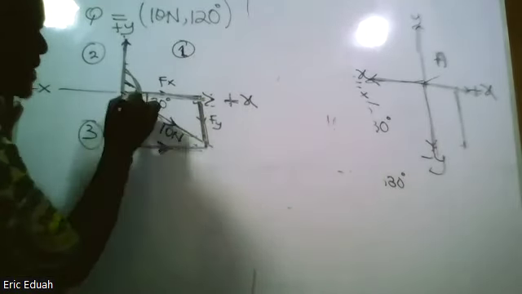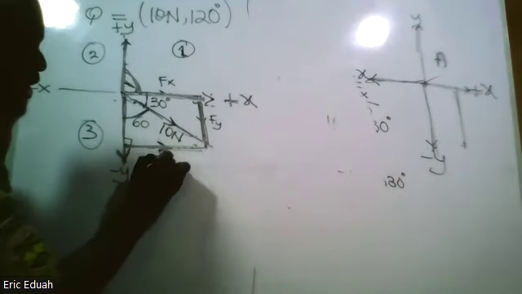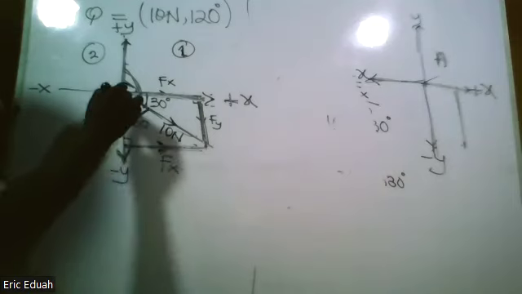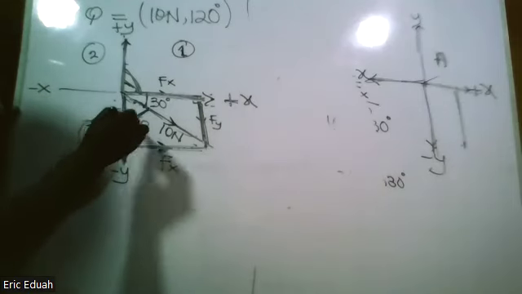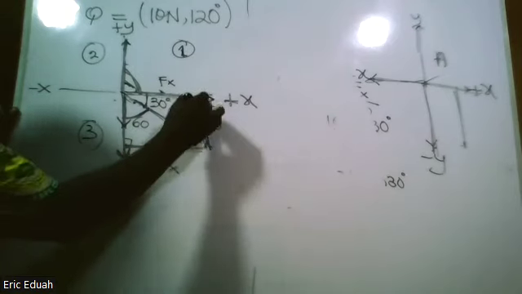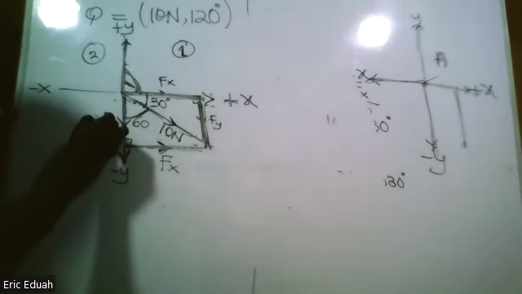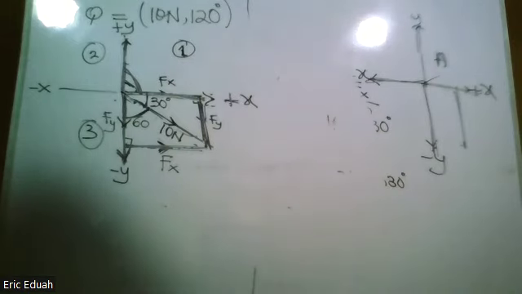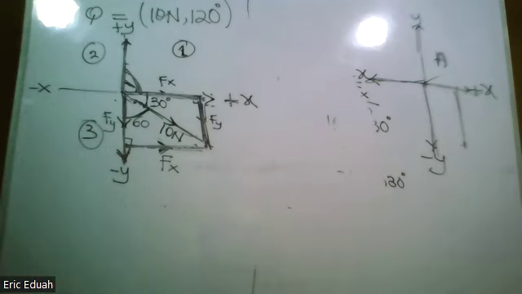So this length is the same as this, so we'll call this Fx. Now, the adjacent, which is also here, is the same as this side, so we'll also call this Fy. Please, are you following?